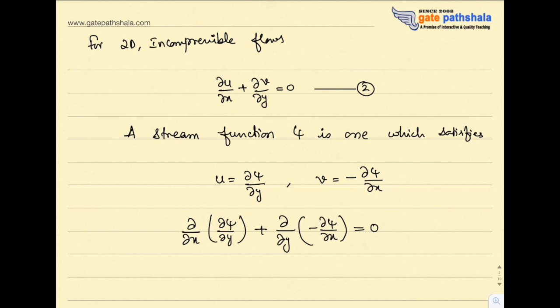So it automatically satisfies the continuity equation. Thus we can find a stream function psi that meets with the above two equations, that is u equals to dou psi by dou y and v equals to minus dou psi by dou x, and the continuity equation need not be solved. For the rest of the course, we will be invariably describing flows with a stream function.